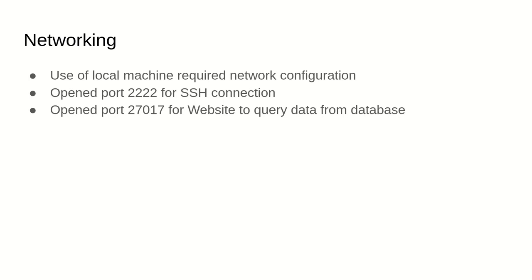These included opening SSH port 2222 to allow all members to interface remotely into it, and the opening of port 27017, which is MongoDB's default remote port, and this was done to allow our website to directly interface with the database.